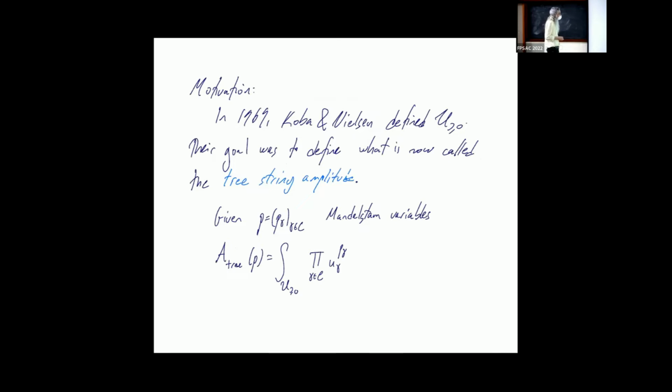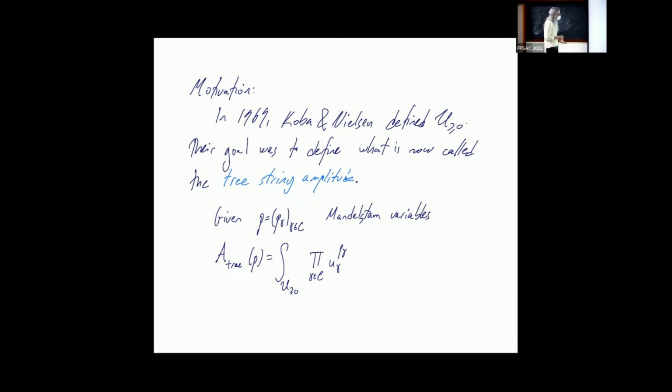And so this factorization was the motivation for Koba and Nielsen in 1969, for physicists, to write down these equations to define this totally non-negative part of U. And their purpose was to define something that's now called the tree string amplitude.